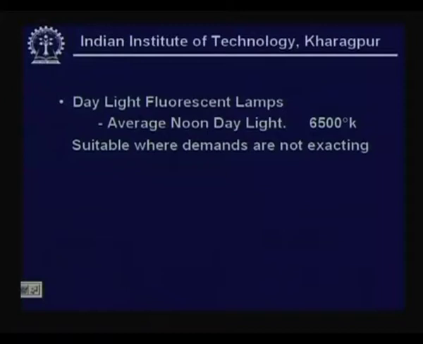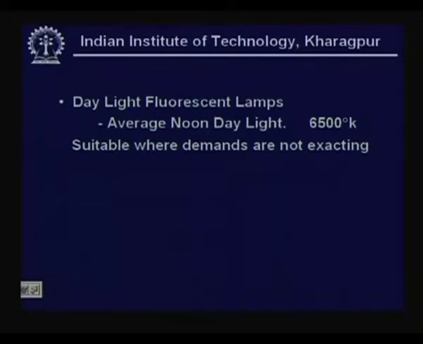Keeping this in mind, fluorescent lamps are available with different nomenclature. The first one is daylight fluorescent lamps. In fact, the idea is they are supposed to be having color temperature corresponding to average noonday light, hence they are called daylight fluorescent lamps.